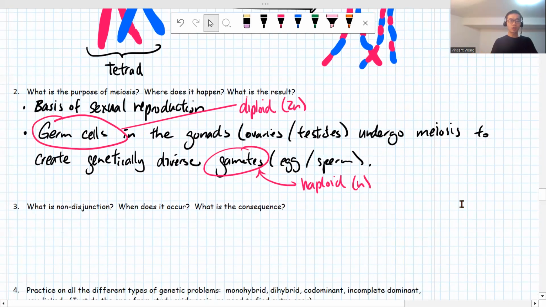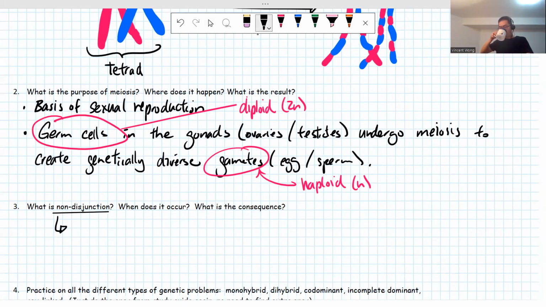Okay, non-disjunction. Anybody remember the word non-disjunction? Like in one simple sentence. What is it? The result is extra chromosome. That's correct.